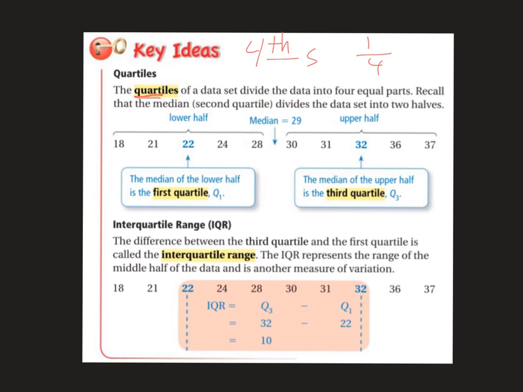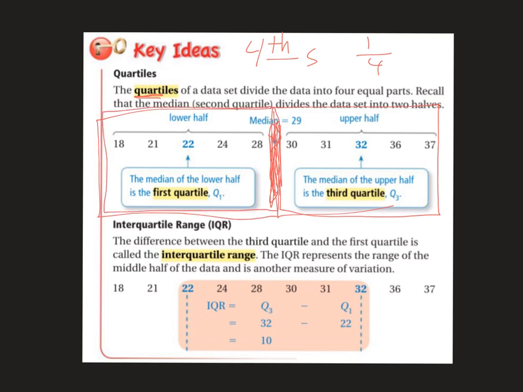And when we find the median, essentially what we're doing is we're taking our data and we're splitting it into halves, right? We're going to get an upper half and a lower half. But for this interquartile range, if we're going to split it into quartiles, we're going to take this a step further.